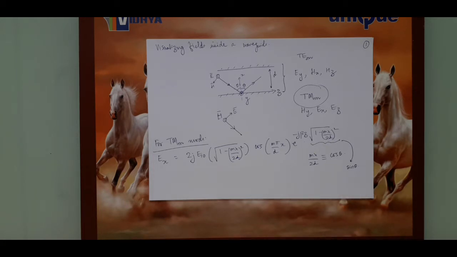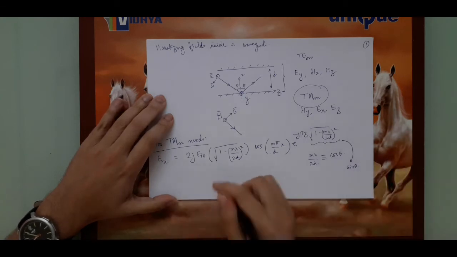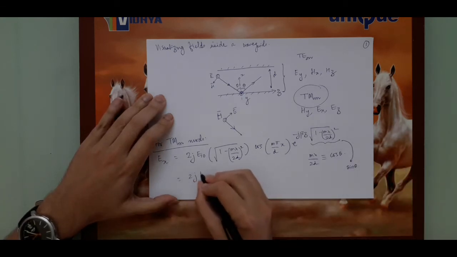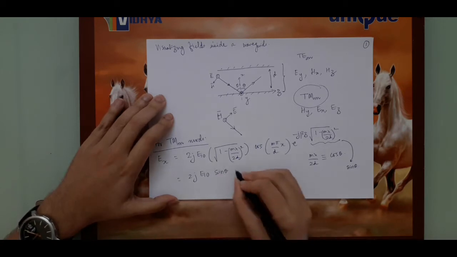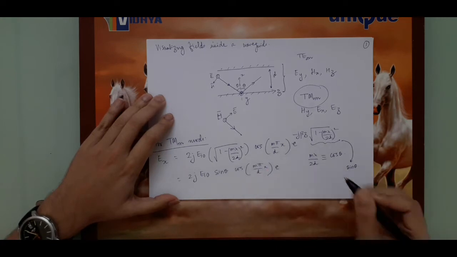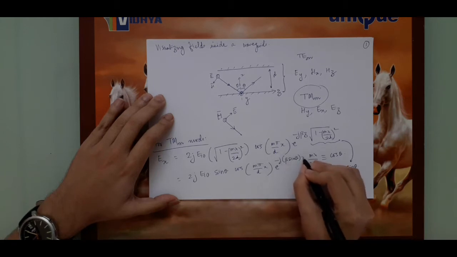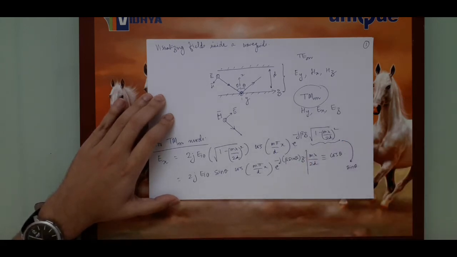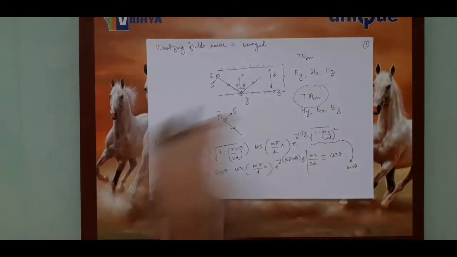So now effectively what is happening is that we are getting sin theta times cos of m pi by d x times e raised to minus j beta times sin theta times z, where we had said that beta sin theta is the effective phase constant of the wave that is being guided along the z direction.